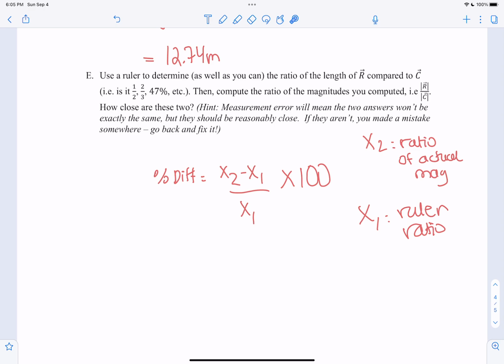So the smaller your error is, the more it's due to measurement, like what ruler you use, if you're zoomed in or zoomed out on an iPad, or if you can't see the number ticks on the ruler correctly. But if your error is huge, then it's more likely down to a calculation error, because using a ruler is, I guess it's a very informal way to say it, pretty straightforward, but doing the calculations is a whole other thing.